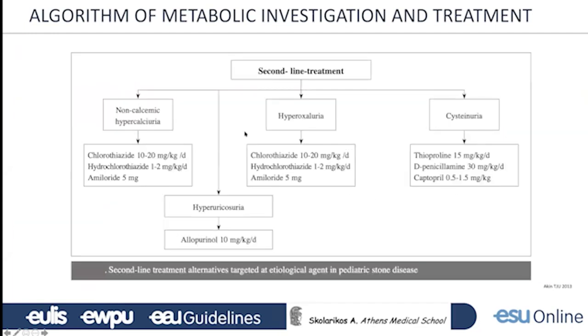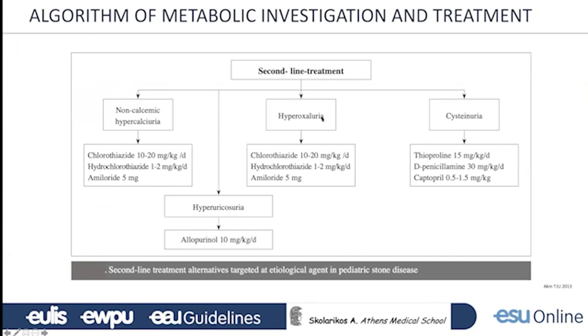The second-line treatment for normocalcemic hypercalciuria is chlorothiazide 10 to 20 milligrams per kilogram per day, hydrochlorothiazide 1 to 2 milligrams per kilogram per day, and amiloride, the potassium-sparing antihypertensive medication, 5 milligrams. If it is hyperuricosuria, you can give allopurinol from 4 to 10 milligrams per kilogram per day.